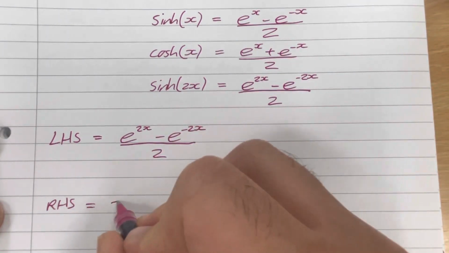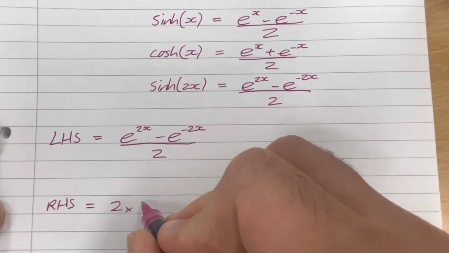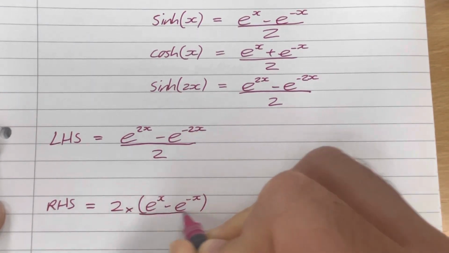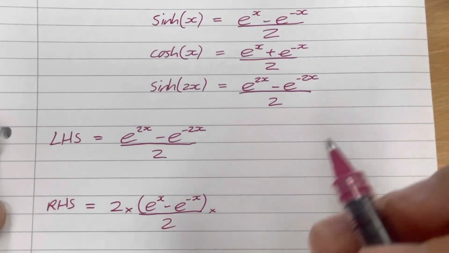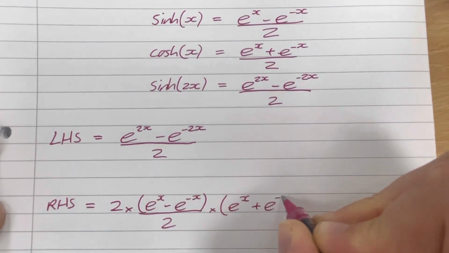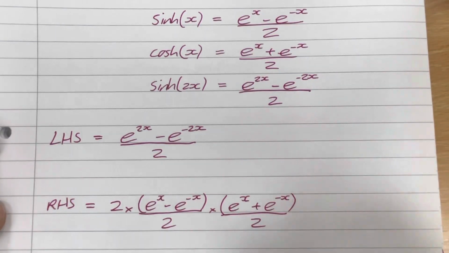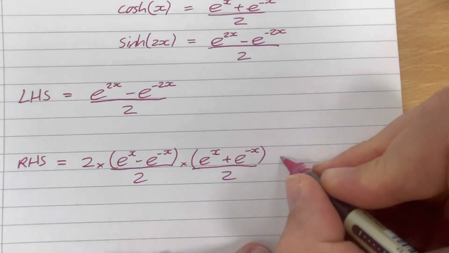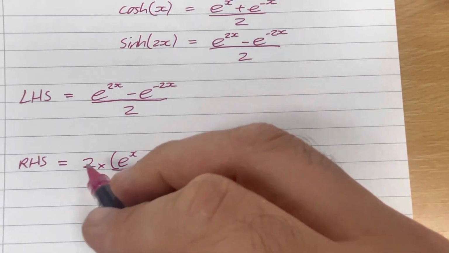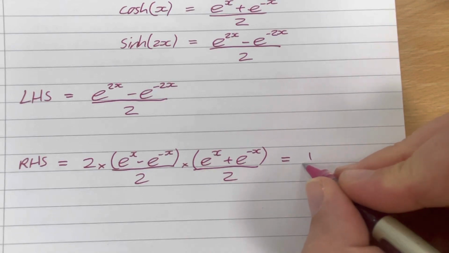So the right-hand side is 2 times sinh of x, which is e to the x minus e to the minus x over 2, times the cosh of x, which is e to the x plus e to the minus x, all divided by 2. Okay, so let's multiply out this bracket. 2 times 2 divided by 2 times 2 is a half.